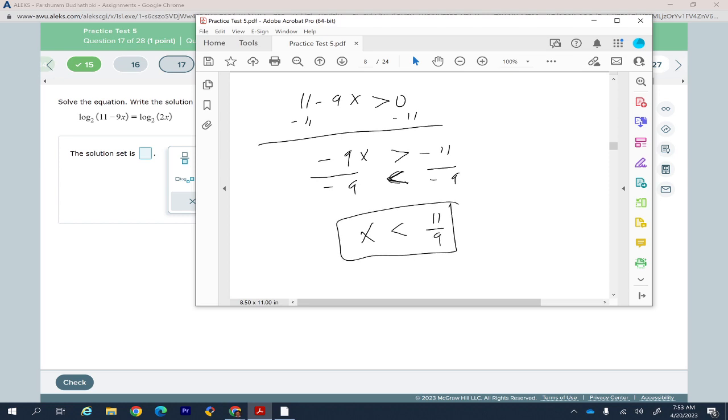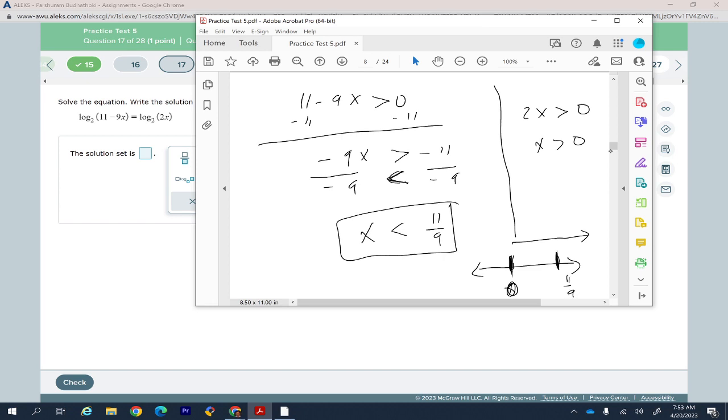That's for the left side. From the right side, 2x has to be greater than 0. So your domain is anything positive but less than 11 over 9. From here you can see this one says anything positive would work. So let's say this is 0. Anything would work from here. This one said, hey, I can't take anything greater than 11 over 9.